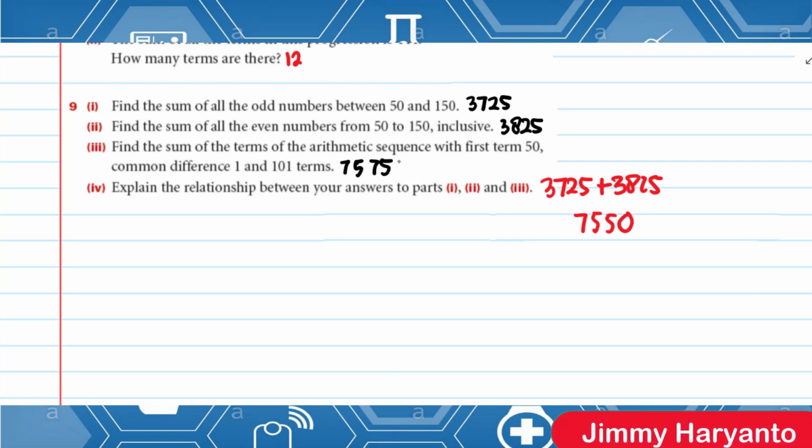That means the result of III is the result of I plus II and then plus 25, yeah. Or maybe when III minus 25, it will be the sum of the first and the second. Okay, this is the relationship.